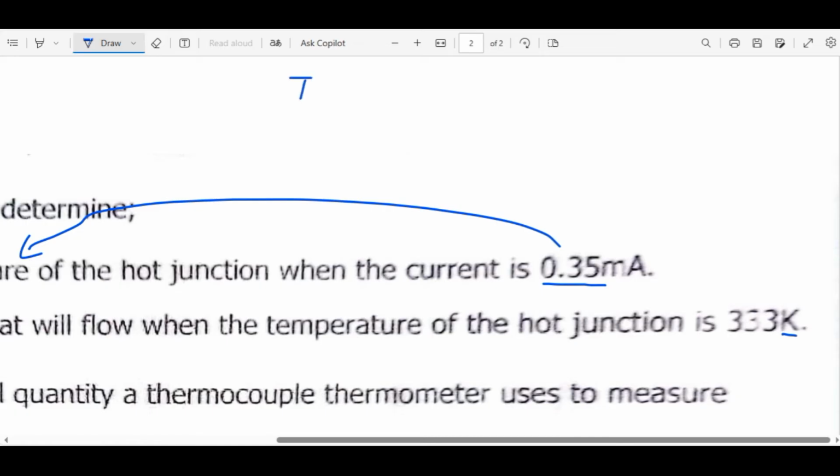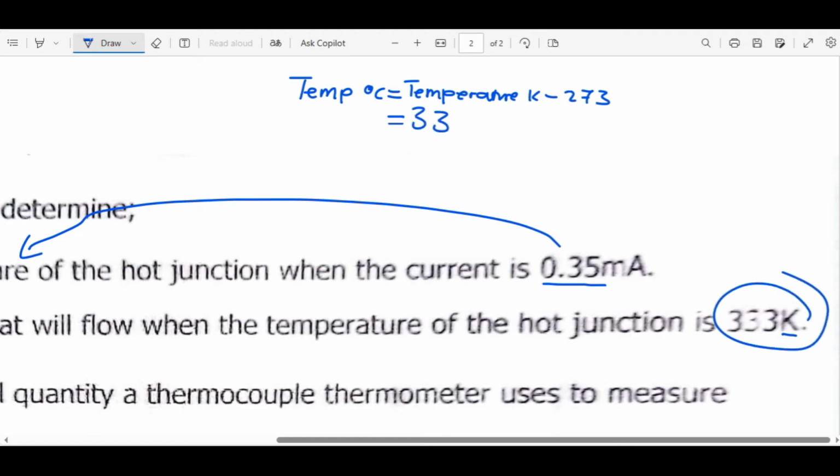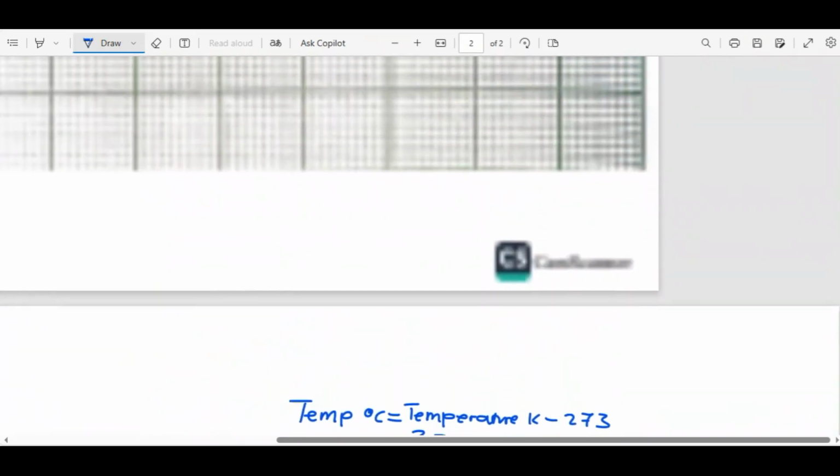So I'm going to say temperature in degrees Celsius is equal to temperature in Kelvin minus 273. So the temperature in Kelvin is 333 minus 273. So I'm getting 60 in degrees Celsius. So this is now the one that we are going to use.